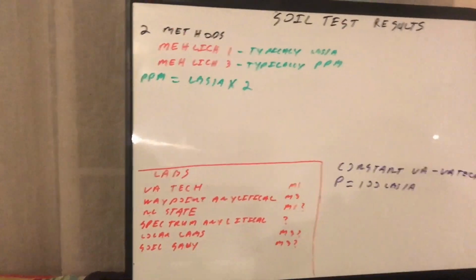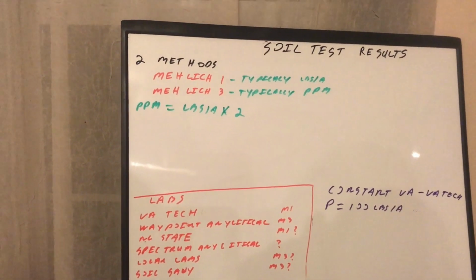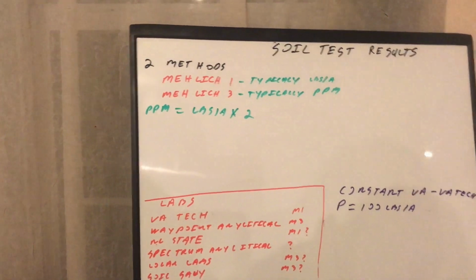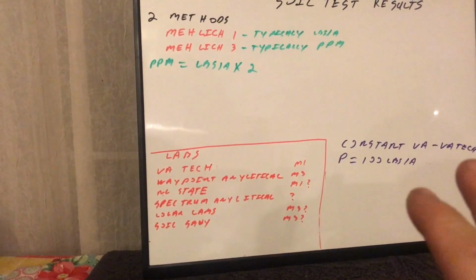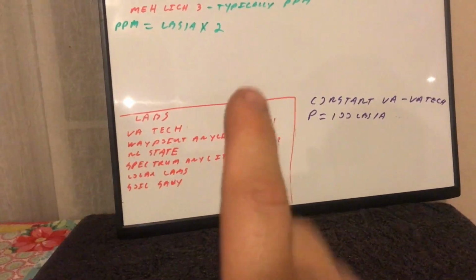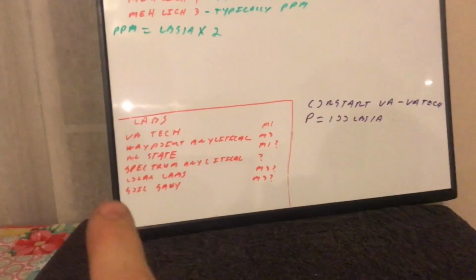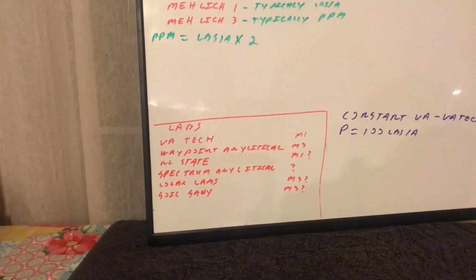So now that you kind of get a brief understanding of how a soil test is interpreted, and you base it off of what I showed you off of that matrix, of all the stuff in balanced soil. Your key labs, at least here in Virginia, that we can use is Virginia Tech. They use Mehlich 1.